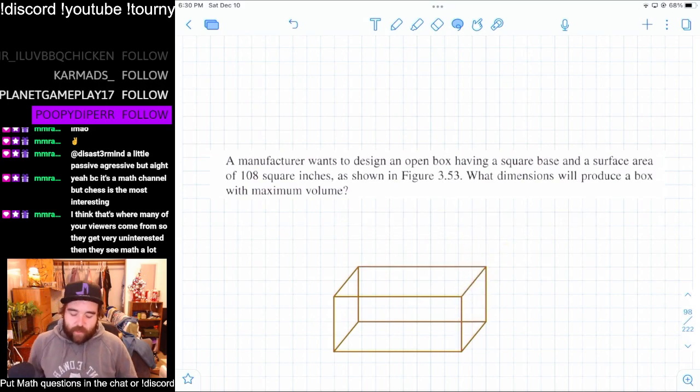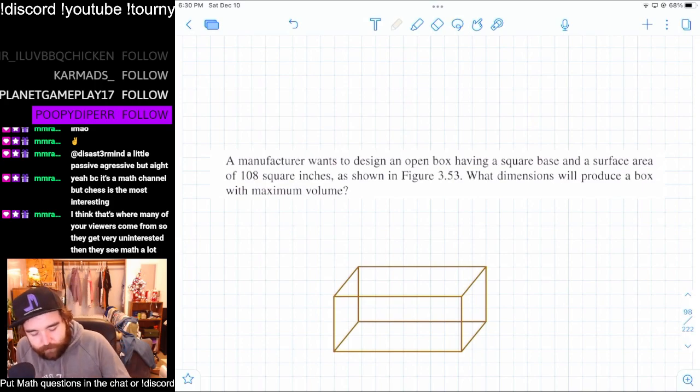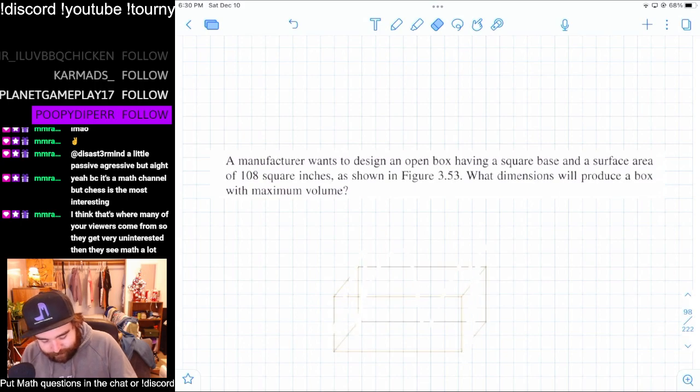And beautiful. So remember, the box has an open top. It's like a fish tank. So let's write equations for what we know. We know that the surface area is 108 square inches. So the base of the box is square.